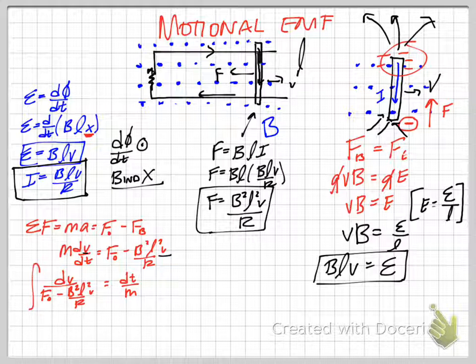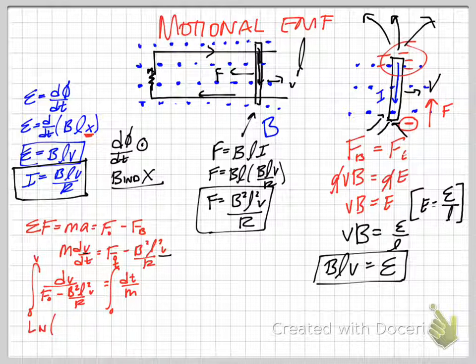We take our integral, which is super fun, and we get the natural log of, we go from 0 to t. We have to remember, if we start off at rest, it's 0 over here. If not, it's v0, just say 0 to v in this case.